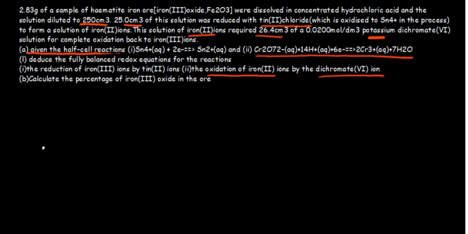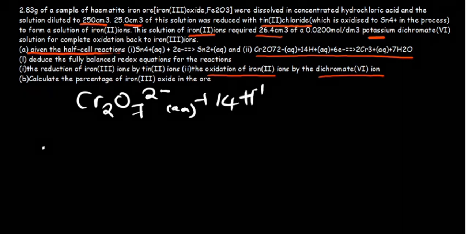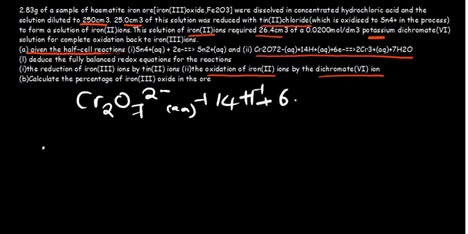So we've been given dichromate, Cr2O7 2 minus, in aqueous state, plus 14 hydrogen ions, plus 6 electrons, giving us Cr3+ in aqueous, plus 7 water molecules, of course that is in liquid.